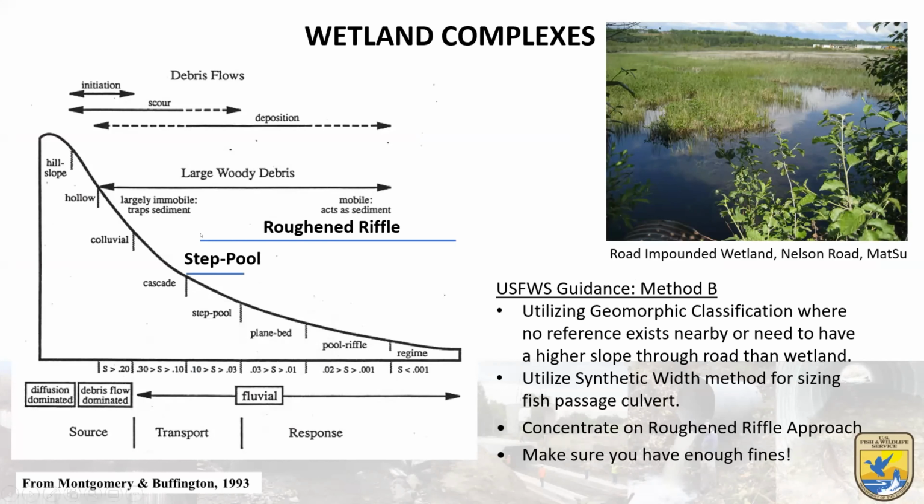I put in here kind of where rough and riffles can apply and where step pools can apply as a couple of options for the geomorphic classification or for the methods. But slope's kind of straightforward, and the rough and riffle or step pool is pretty straightforward. It's really what kind of width you're trying to get to. And that's what this method tries to hone in on.